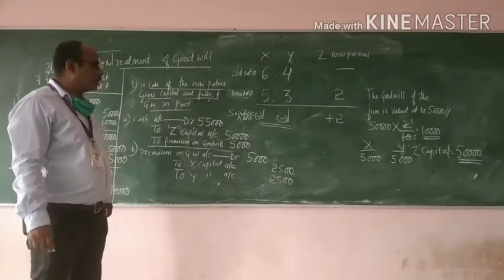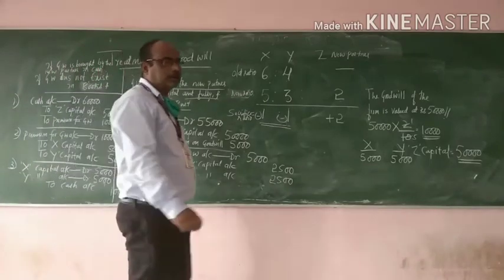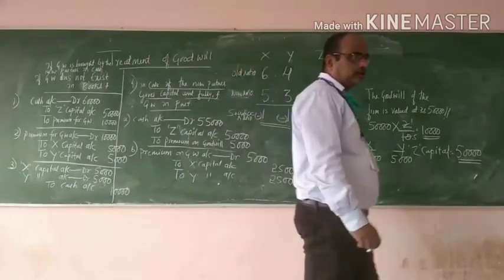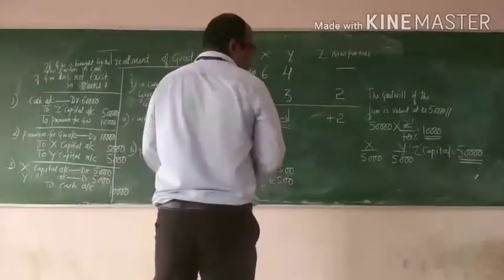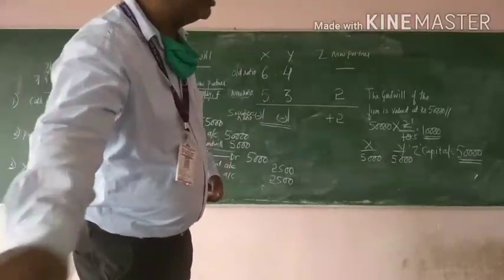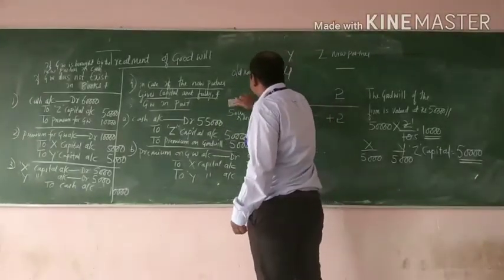So now for the balance amount of 5,000, because he has given how much? 5,000 out of 10,000. So you should pass the journal entry for the balance 5,000. Let us see what will be the journal entry for the balance 5,000.